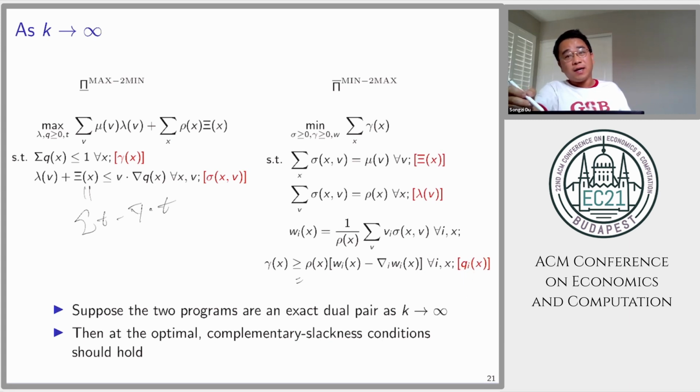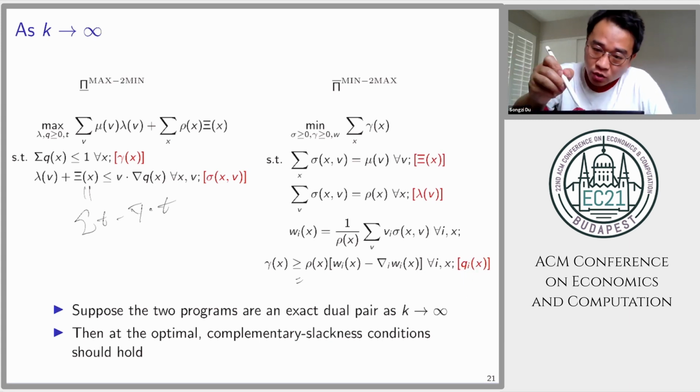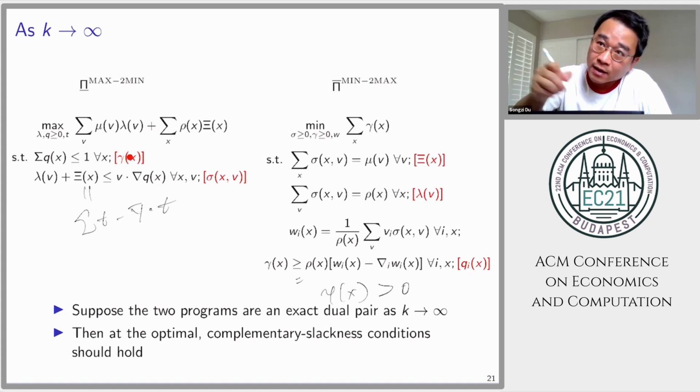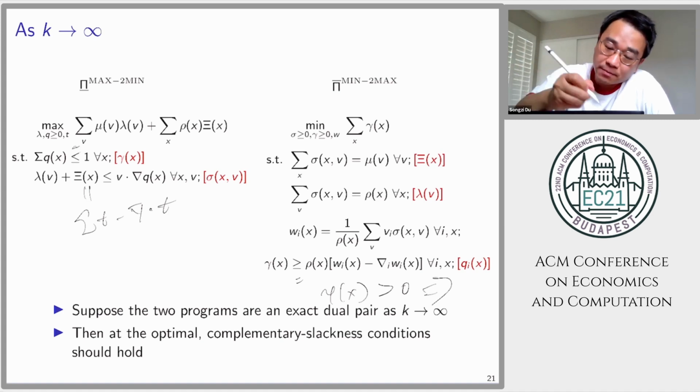His allocation can be anything. And also, remember, when gamma x is positive in the high region, so here, gamma, on the other hand, is a multiplier on this constraint, which means that in this case, basically this has to be binding.